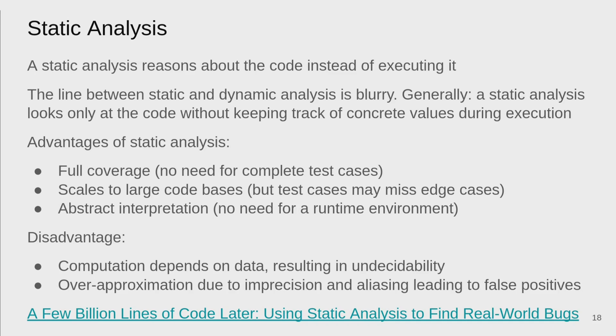It scales to very large code bases, but test cases may miss certain edge cases. Because you don't keep track of values of variables, you cannot look at value dependencies. For example, if there are exclusive ifs that check different values, the static analysis will have a hard time distinguishing those.